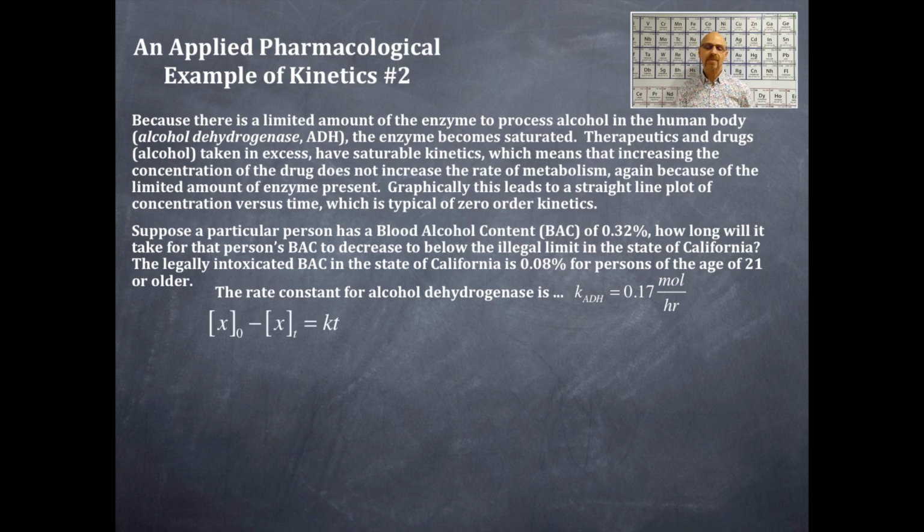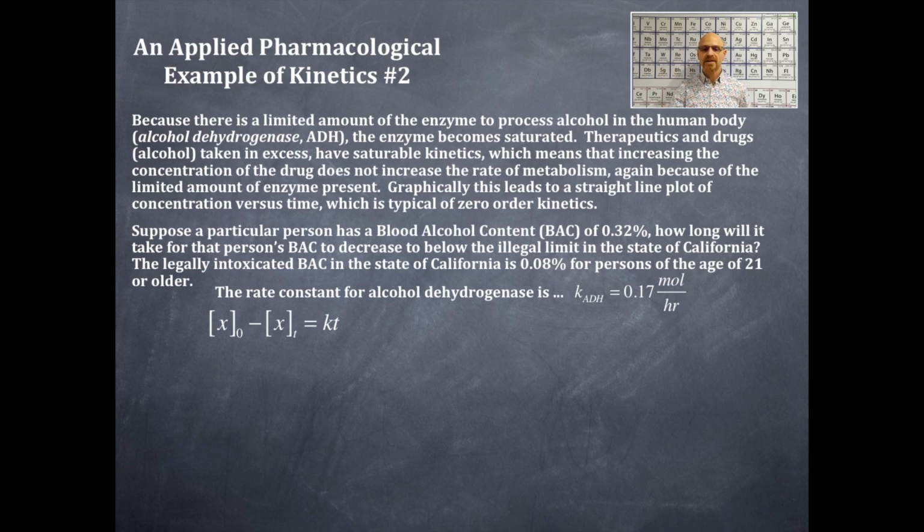This is the zero-order integrated rate law: concentration at time 0 minus concentration at time t is equal to kt. So what we're going to do is plug in the values that we know in this problem. Let's plug those values in.